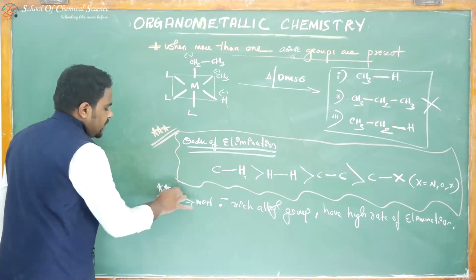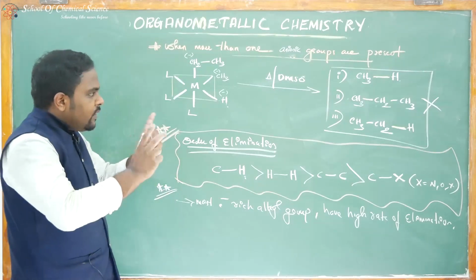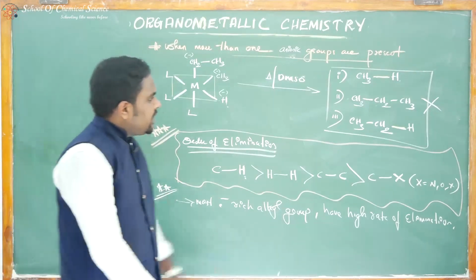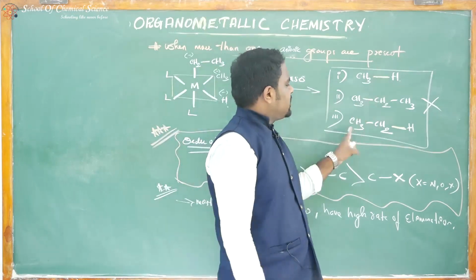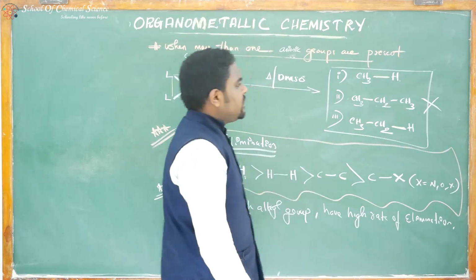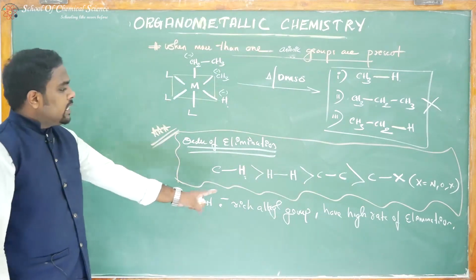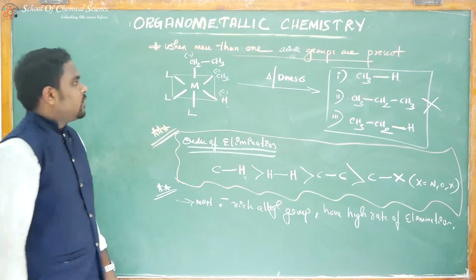So these are the two hints. First one, whenever CC and CH are there, definitely CH elimination is favored. Here this is methyl hydrogen, ethyl hydrogen. Among these, which one will be your major product? Most electron rich alkyl group has a higher rate of elimination.